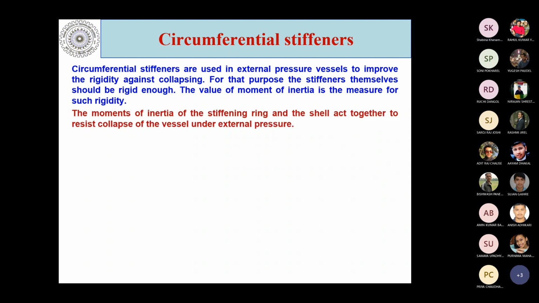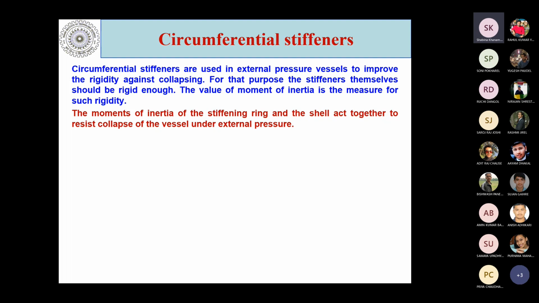Okay, so the basic point is the moment of inertia of a stiffening ring and the shell that act together to resist the collapse of the vessel under external pressure. So we will calculate moment of inertia for the complete structure.